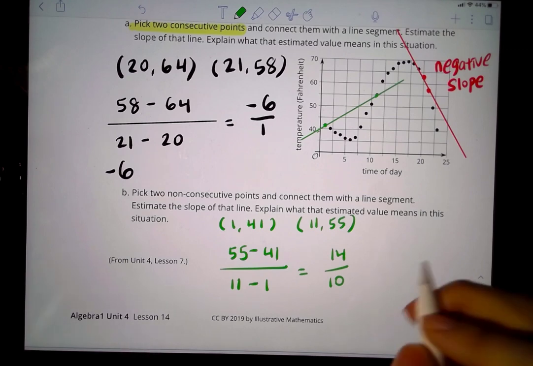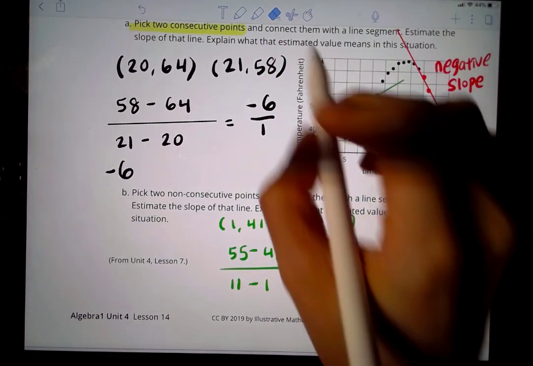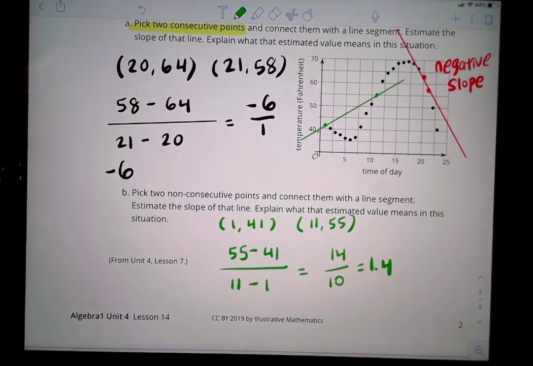Okay, so that means this value is 1.4, right? So the average temperature changes 1.4 degrees Fahrenheit per hour. So you can say that, right? Increased by 1.4 degrees per hour.